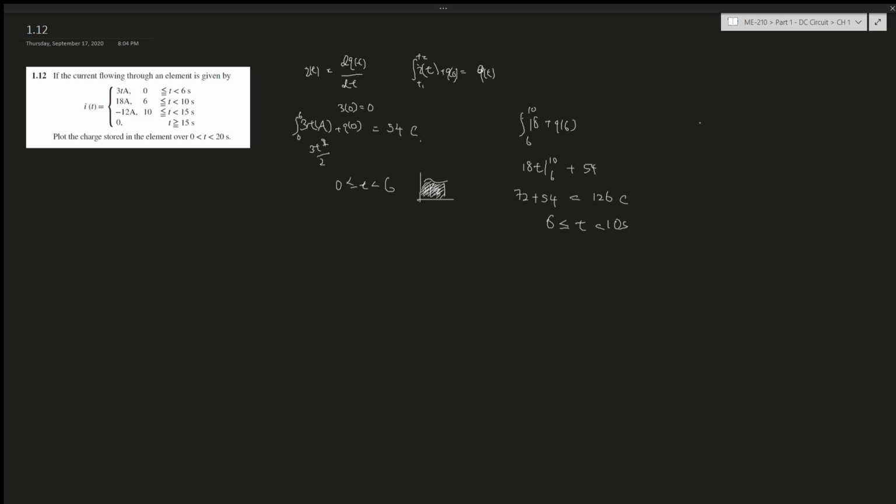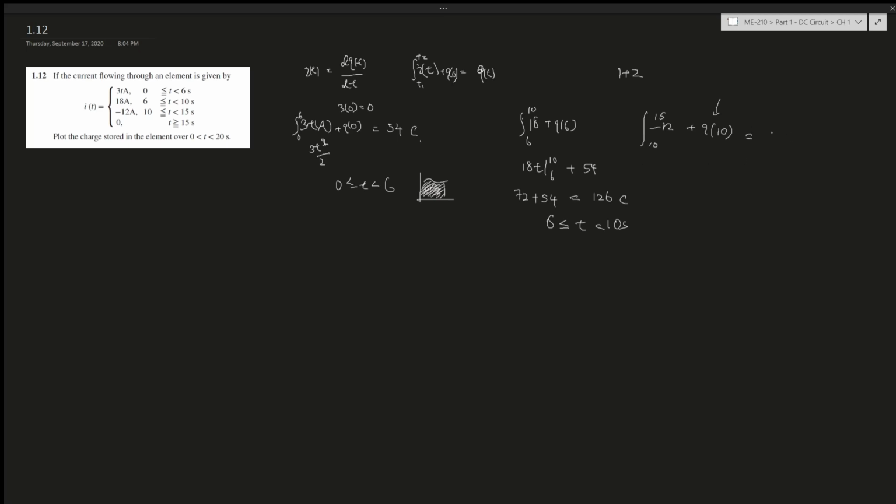And then the next one, negative 12, integral from 10 to 12, and same thing, plus q(10), the charge at 10 seconds, because we have to add everything together. Conveniently, q(10) is 3 plus 2 plus 1, which is 126, total stored.